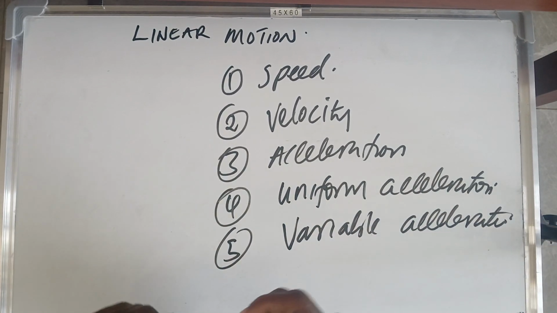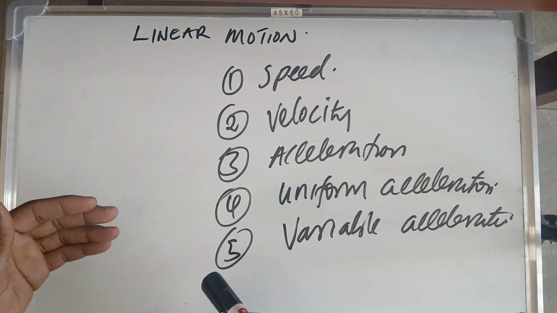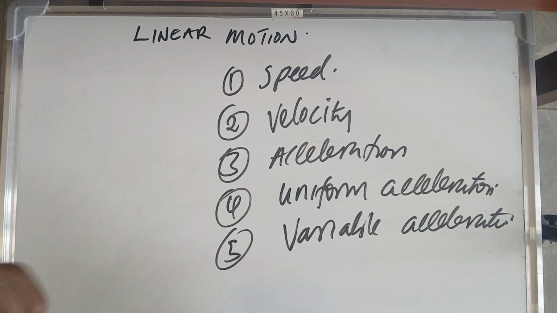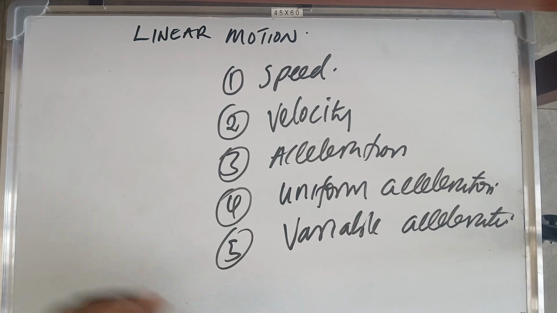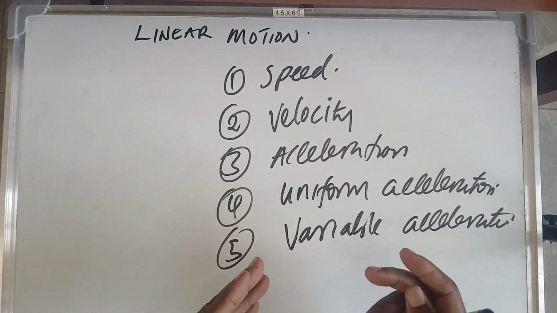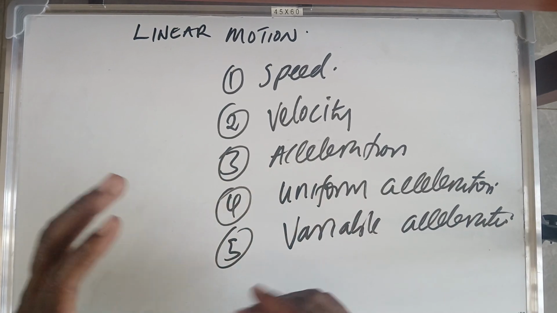So we are talking about velocity changing with respect to time, not in equal intervals of time. So perhaps when velocity changes, the first time it will change in 2 minutes, the next time it changes in 4 minutes, that is variable.